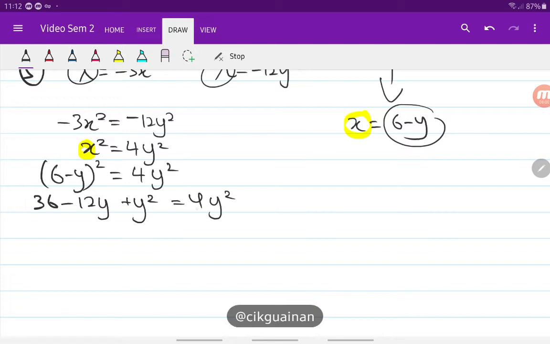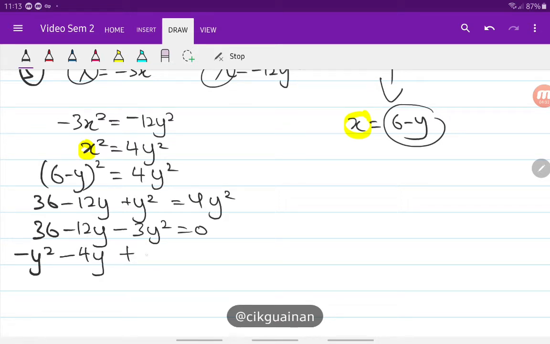And then bring the 4y squared together: 36 minus 12y minus 3y squared equals 0. Then I rearrange it nicely and cancel while we can. So what we have is minus y squared minus 4y, cancel 3, 12 divided by 3 is 4, and make it positive.